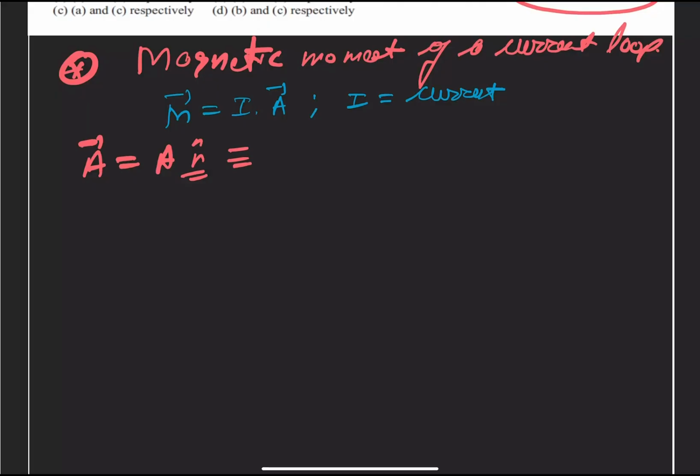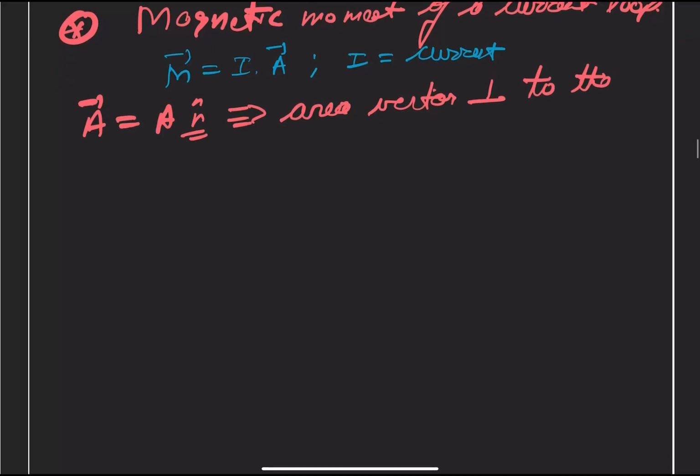So we say this is the area vector, perpendicular to the plane of the loop. And in order to find the direction, we can use the right hand rule.